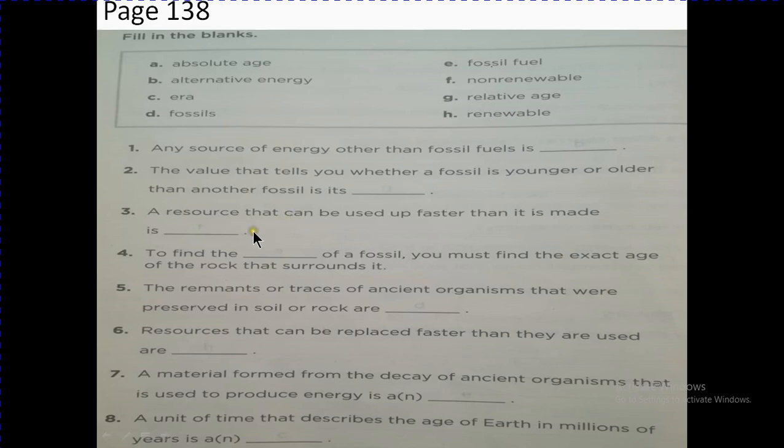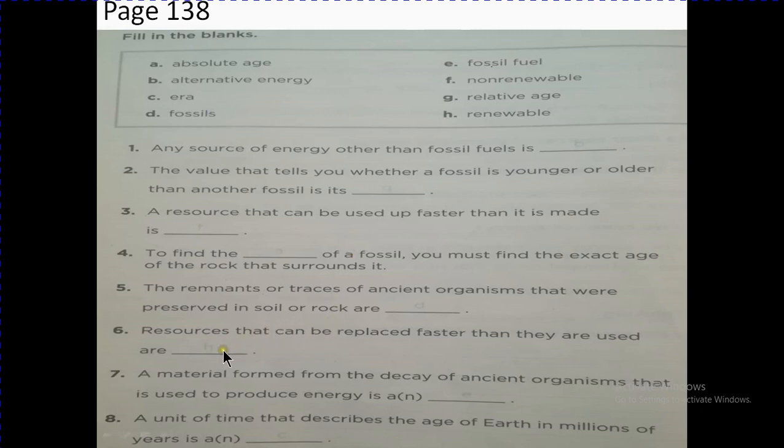In number 3, the answer is F, non-renewable. Number 4 is A, absolute age. Then number 5, the option is D, fossils.